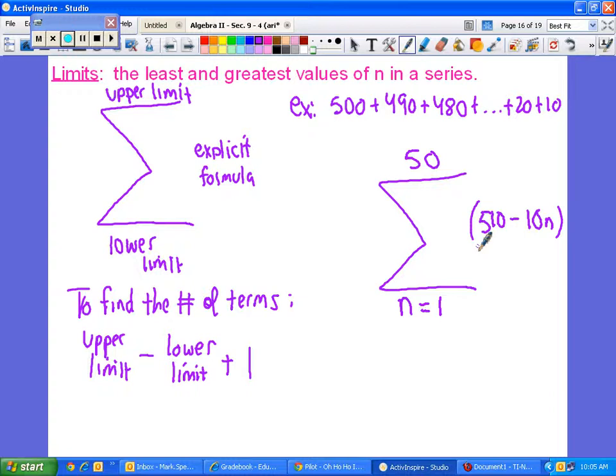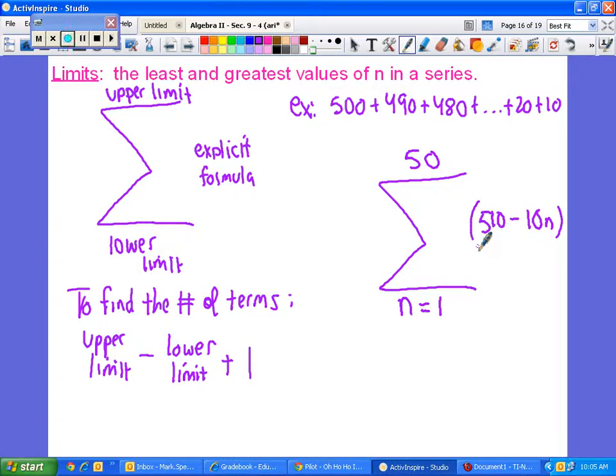And again, to find the number of terms, it's simply the upper limit minus the lower limit, and then add 1 back. What is the explicit formula? It's what we use to find the value of terms.